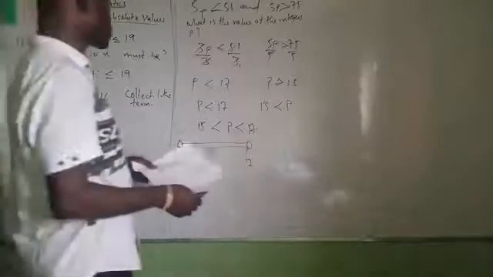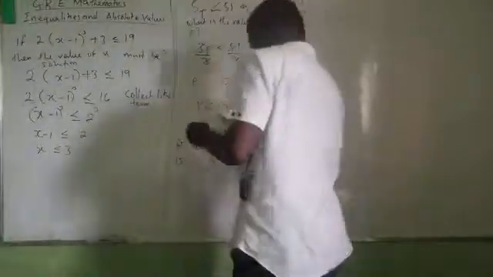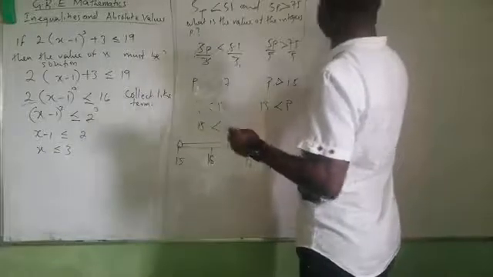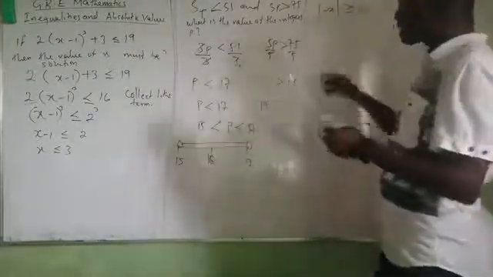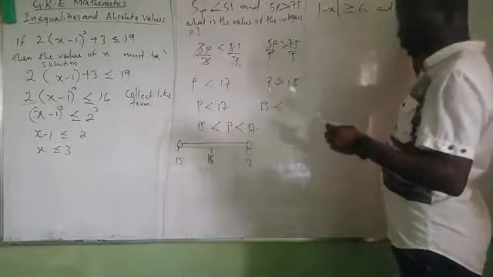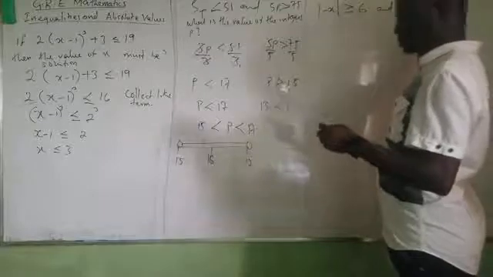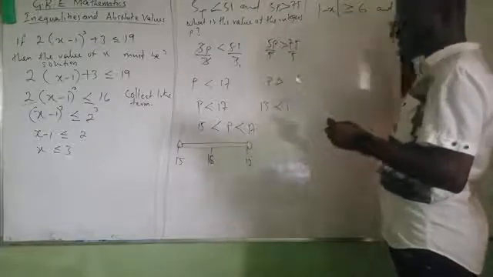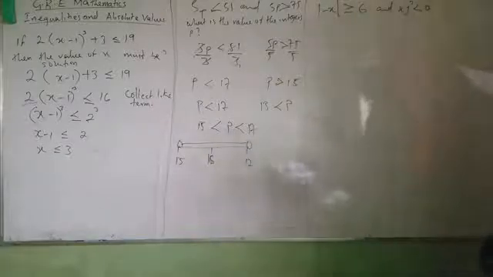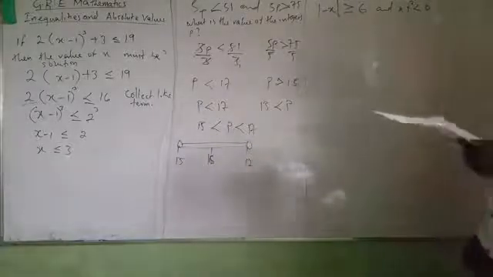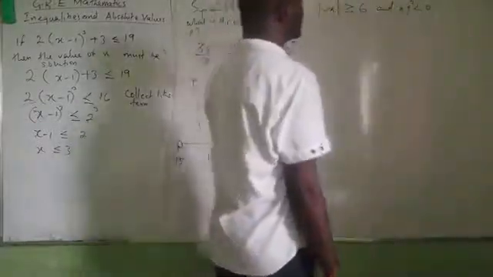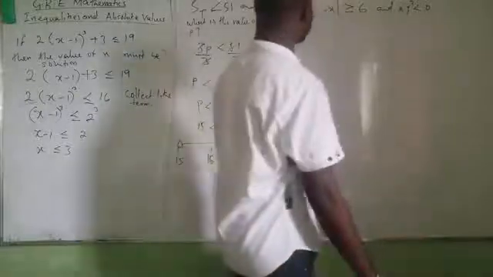Now, another thing I want us to know: there is another question which says the absolute value of x is greater than or equal to 6, and x squared y squared is less than 0, where y is an integer. Y is an integer, it means it refers to an ordinary number.